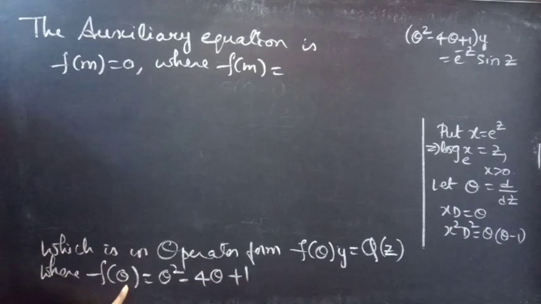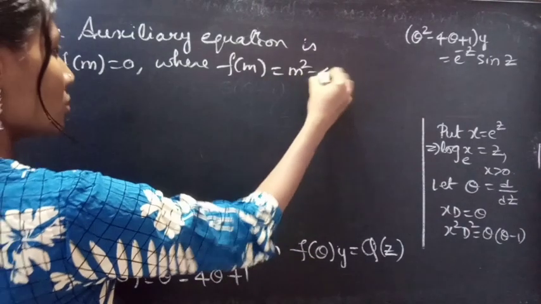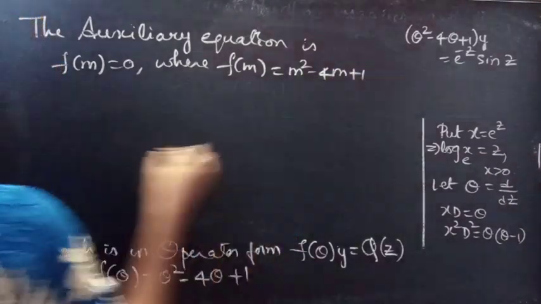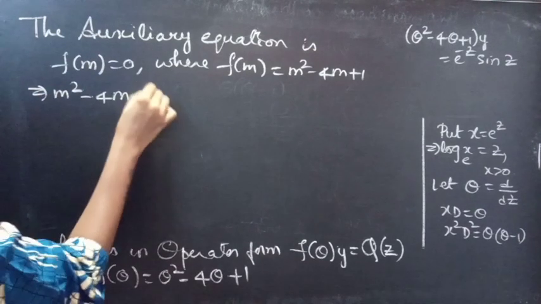Let's replace differential operator theta by m, so that we'll get f of m equals to m square minus 4m plus 1. Then our auxiliary equation becomes m square minus 4m plus 1 equals to 0.